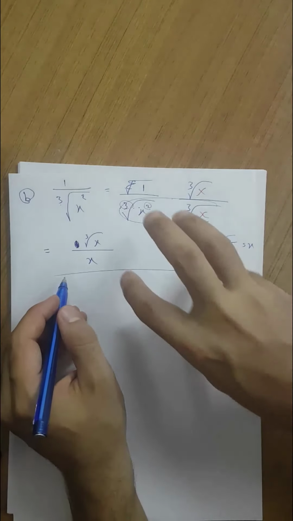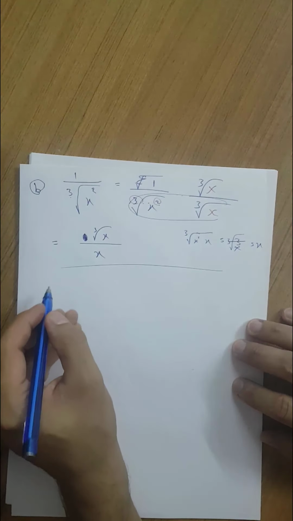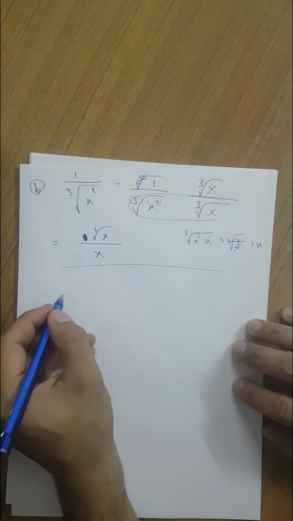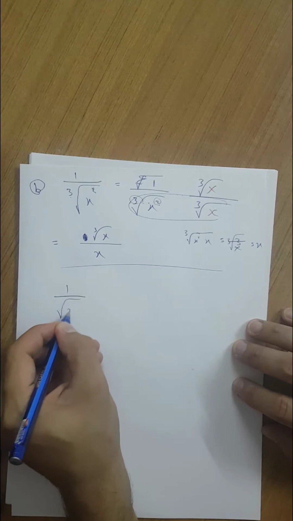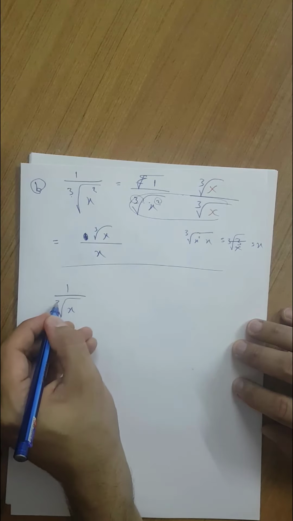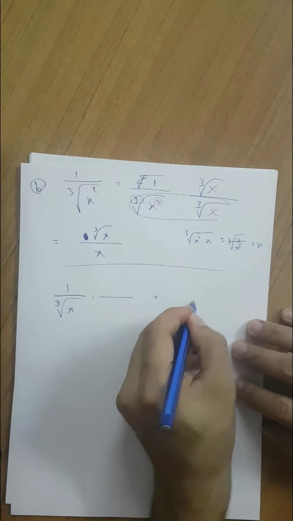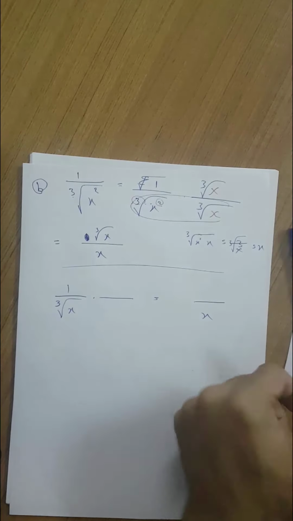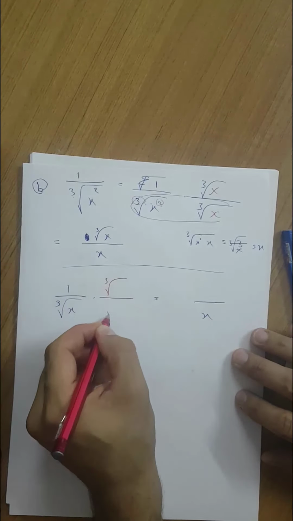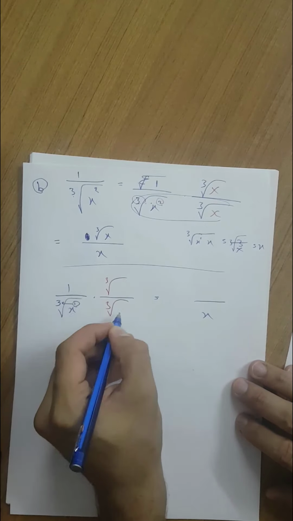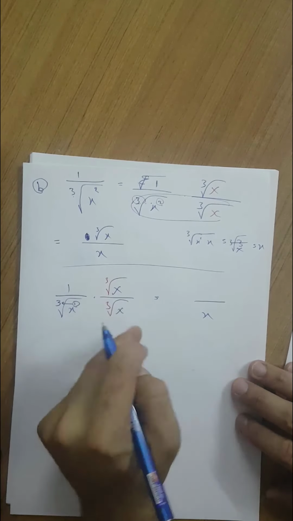Now I'll play with this example, just part B. I'm asking you, if I have something like that, what should I multiply by to get x? Surely you have a cubic root, so what should I multiply by? I have 1 here, so should it be x or x squared?